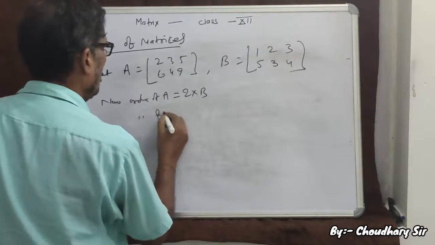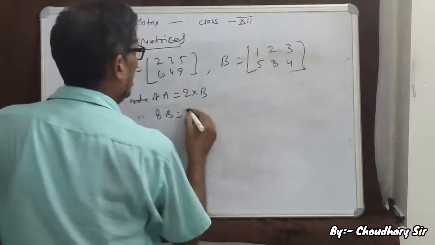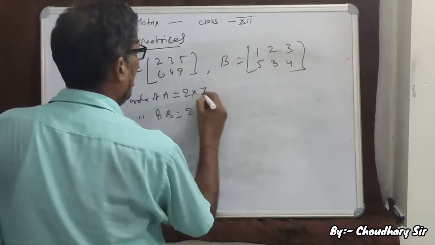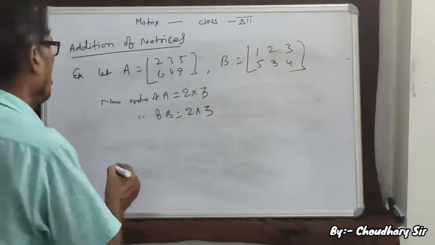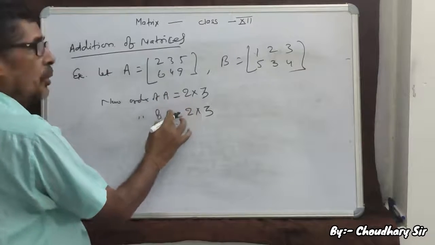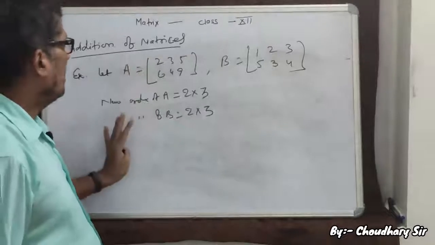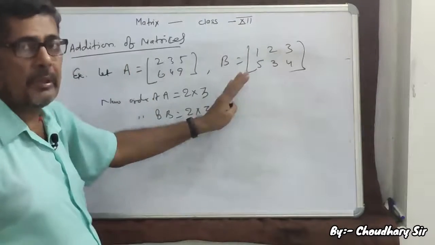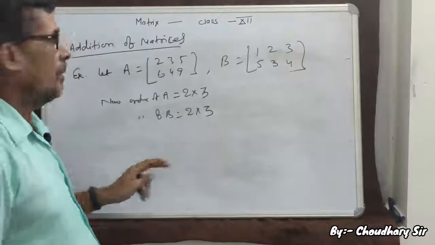And the order of B is also 2 rows and 3 columns, 2 by 3. Clearly, the order of A equals the order of B. So now we can add matrix A with B because the orders are equal.